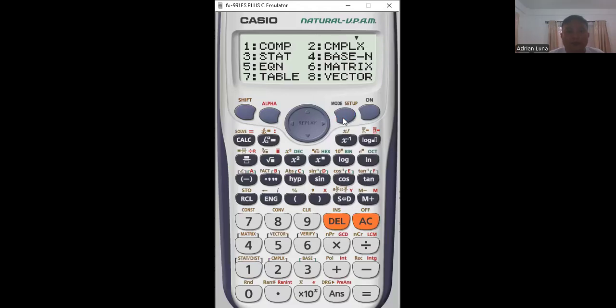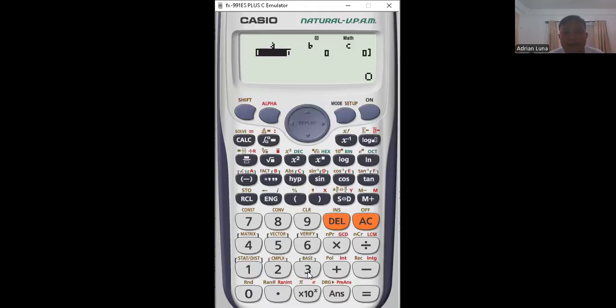Yun. So mode 5, 3 lang. So A is equal to 1, 1, then press equal sign. Then B is equal to -1, so -1, then equal sign, and value ni C is equal to -6, so -6 equals, then another equal sign, yun, 3, and either press another equal sign or yung arrow down button.